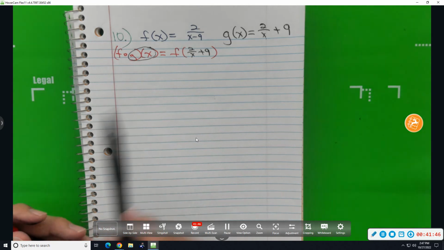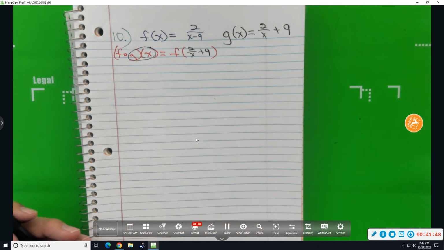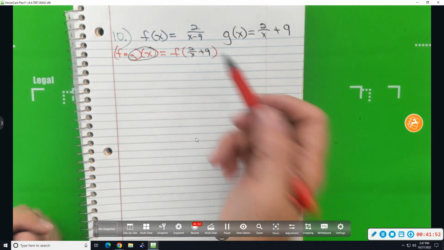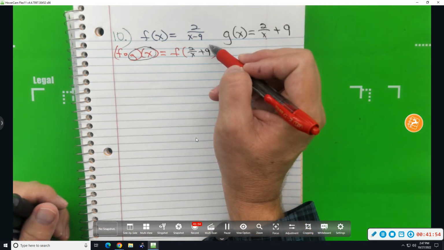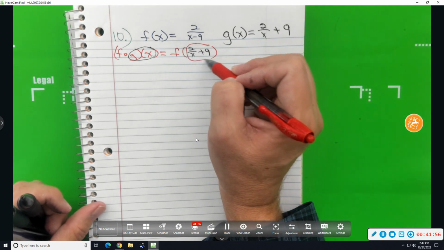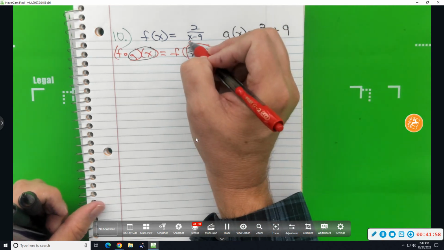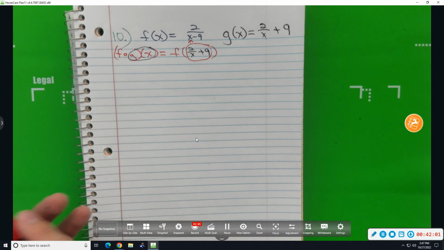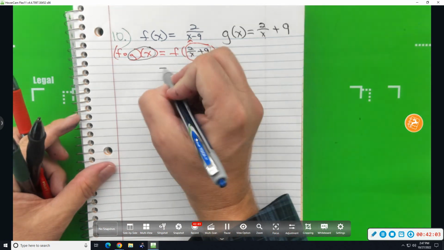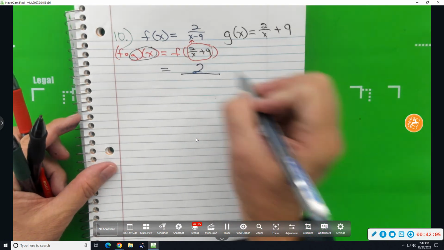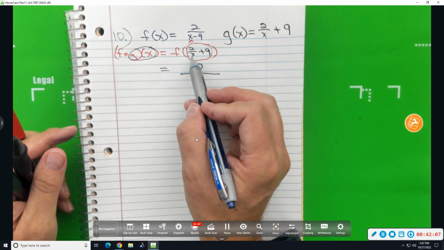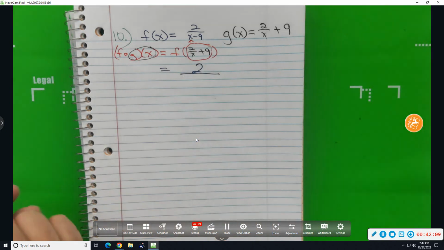So now we want f of 2 over x plus 9. So we take this step here, we go up here and replace it with that x. So we're going to have, this is getting a little messy, 2 over, we have that circled stuff, 2 over x plus 9.